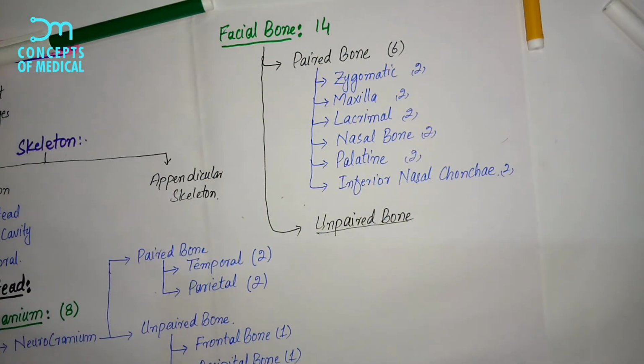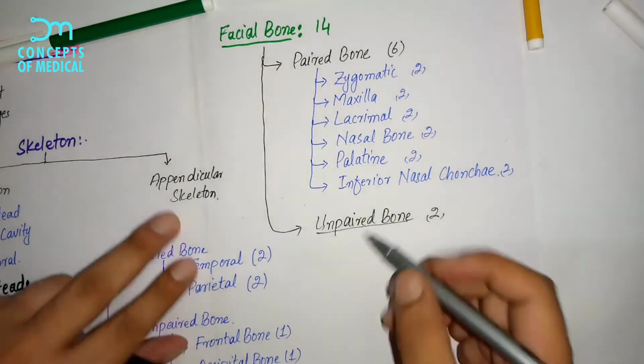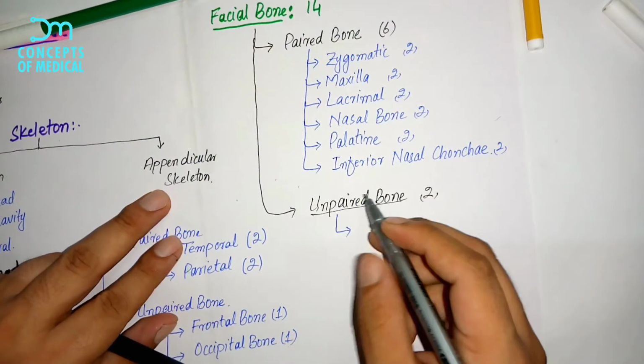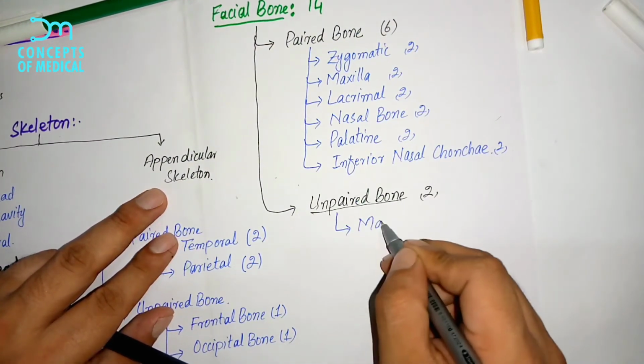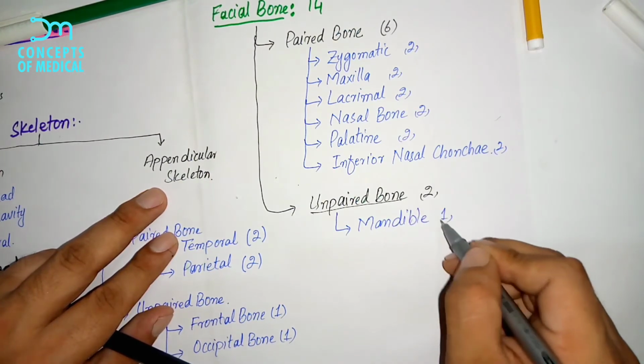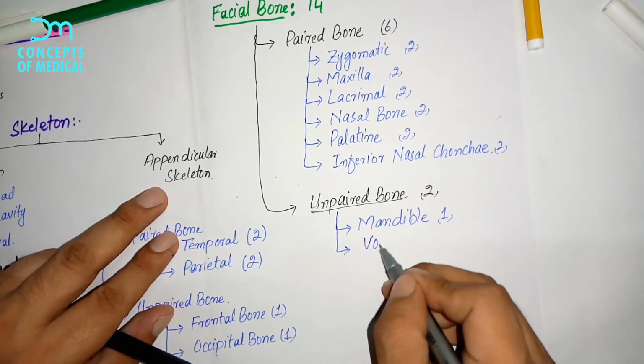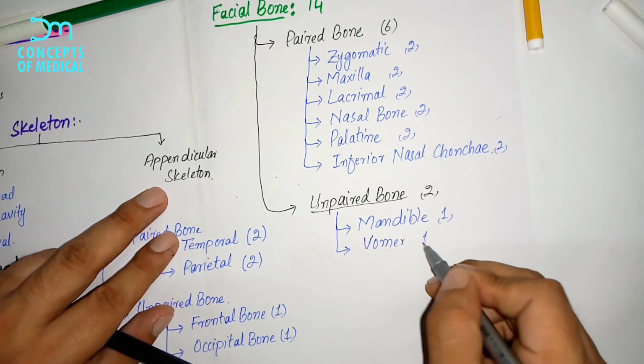So these are actually 2 bones, right? Unpaired bones we have only 2. The first is mandible, which is 1 in number, and the second is vomer, which is also 1 in number.